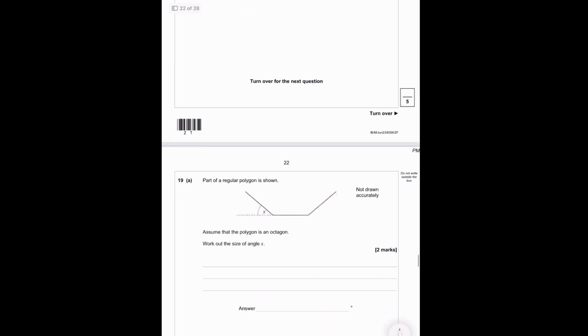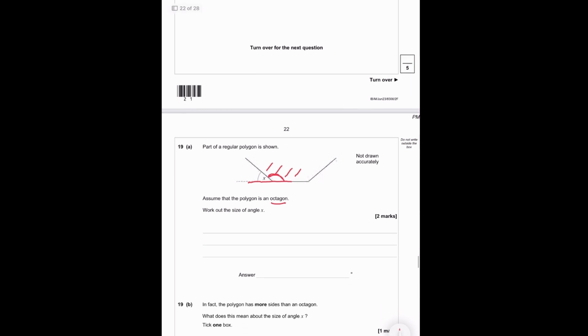Part of a regular polygon is shown. Assume the polygon is an octagon. So here is the shape here. If it's a regular octagon, we know that the external angle and the internal angle add up to 180. So if we find the internal angle, we'll be able to work out x. So if it's an octagon, remember we use n minus 2 times 180 to find the total of all the angles. So that's going to be 6 times 180, which is 1080.